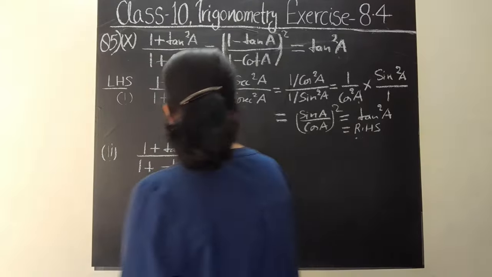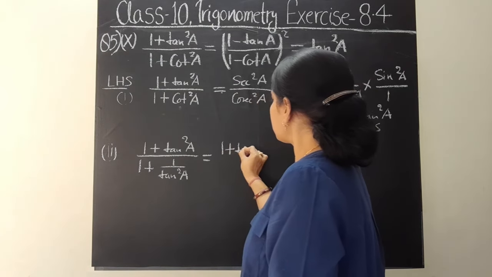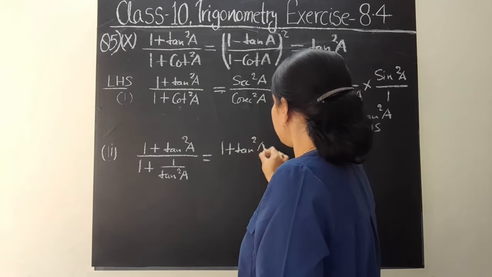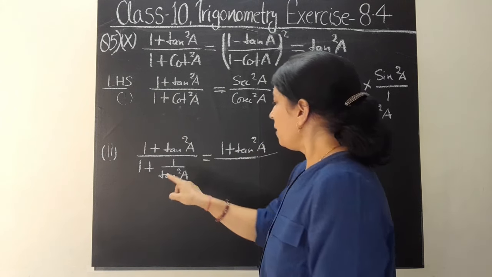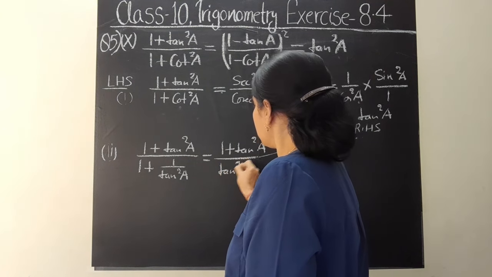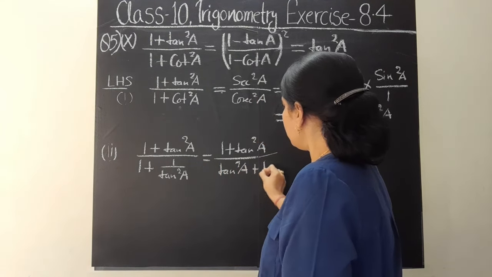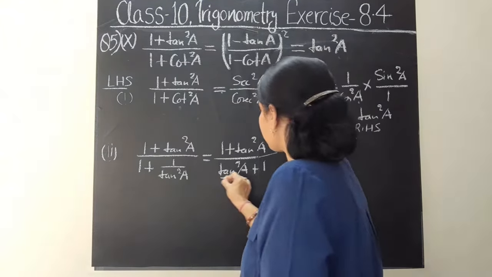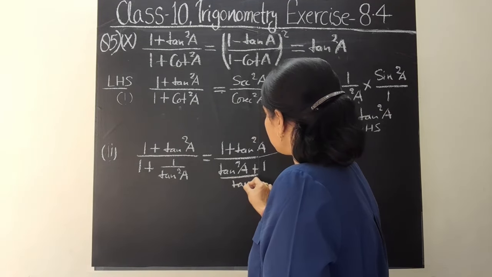So right here 1 plus tan square a as it is, multiply here tan square a plus 1 which is divided by tan square a.